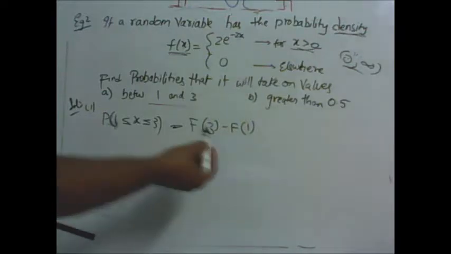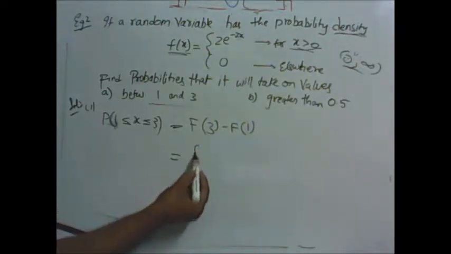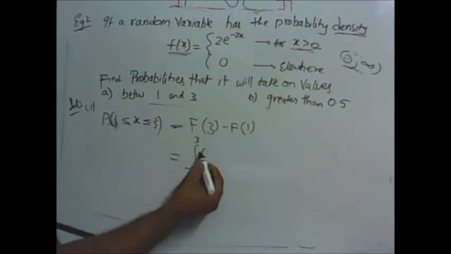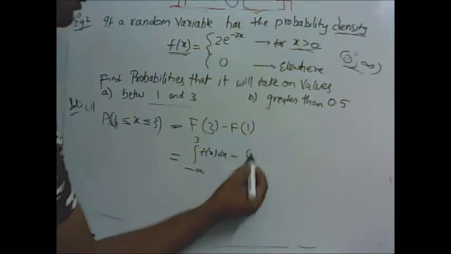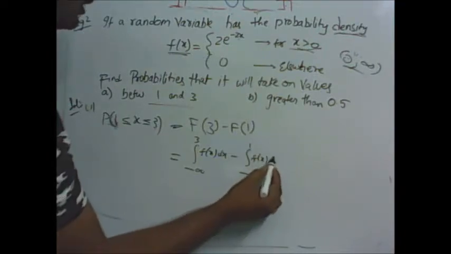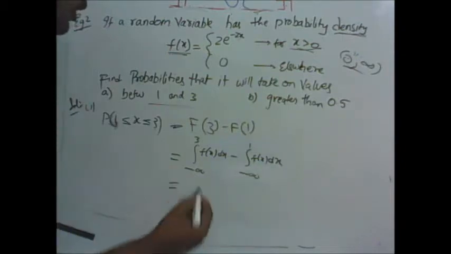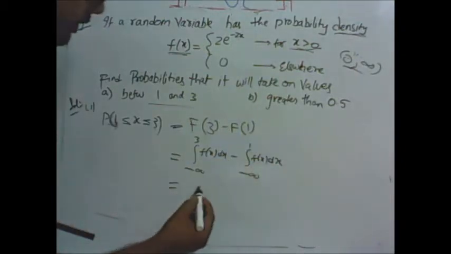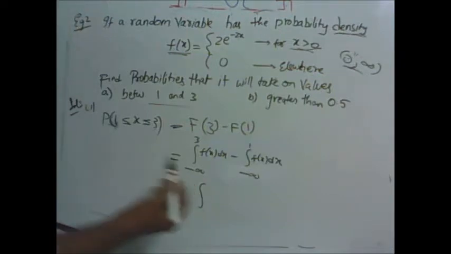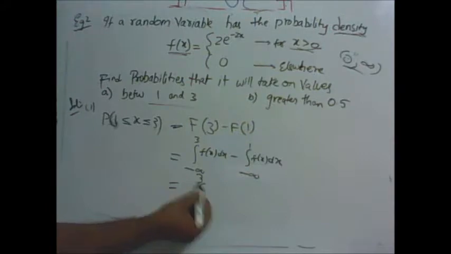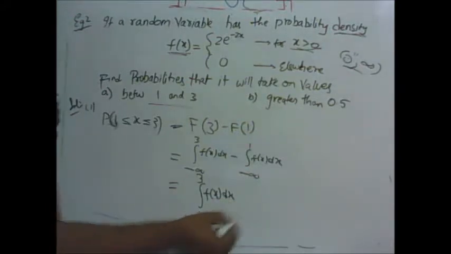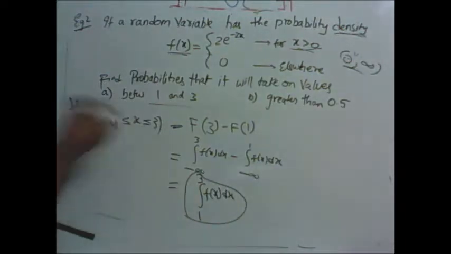Another way to write this is the integral from minus infinity to 3 of f of x dx minus the integral from minus infinity to 1 of f of x dx, which, from calculus, is the integral from 1 to 3 of f of x dx. So if we find this, we get the answer for the first part.